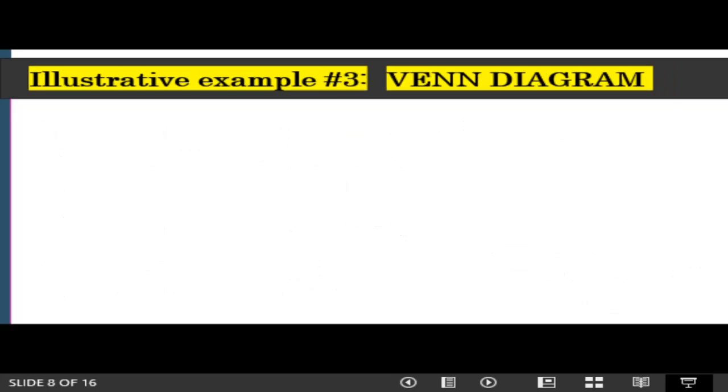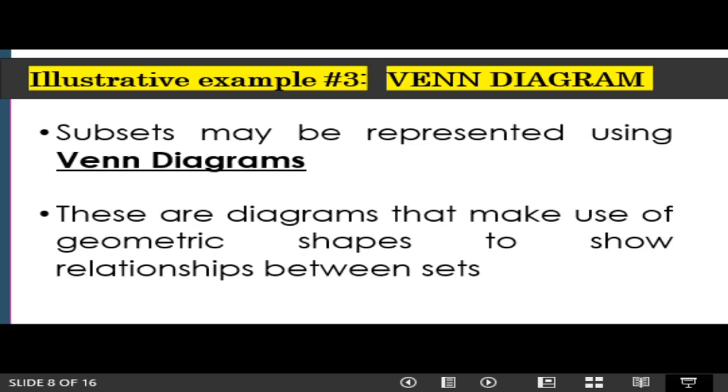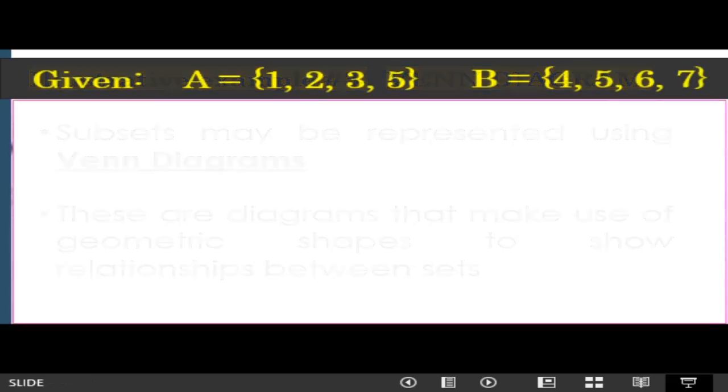The other way of determining the relationship of two sets is using a Venn diagram. What is a Venn diagram? A Venn diagram can represent any set using geometric shapes. So usually we use a circle here.